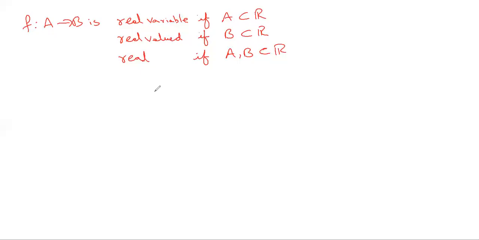So the main benefit of real functions is we can represent them in one more way, that is a graph, and that's the best way to represent as well as understand the data. One, two, x, y, this is a real variable.